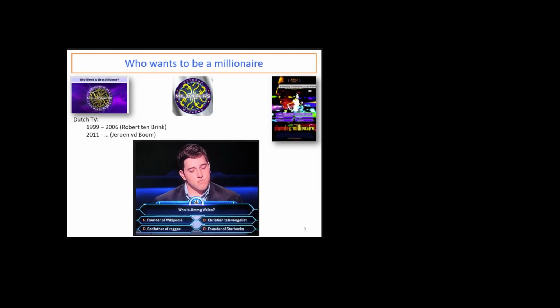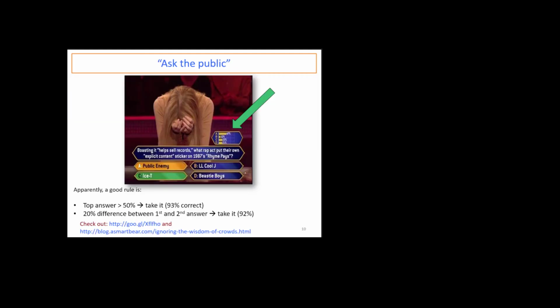The same idea you can also see in the TV show Who Wants to Be a Millionaire. We also have that in Holland. There are different escapes if you don't know the answer. The host asks a question, there are four possible answers, and one of the escapes is to ask the audience.